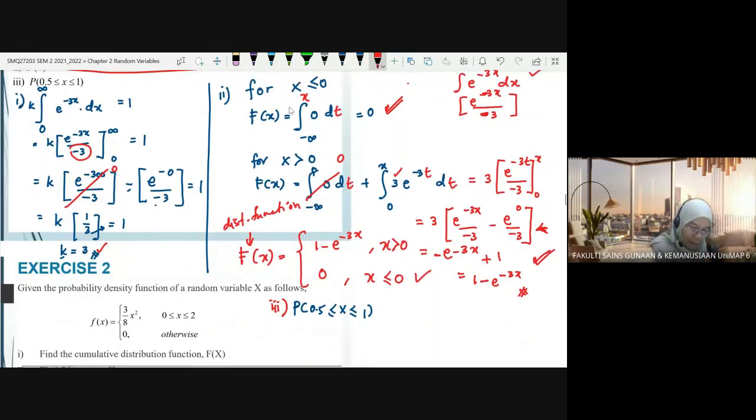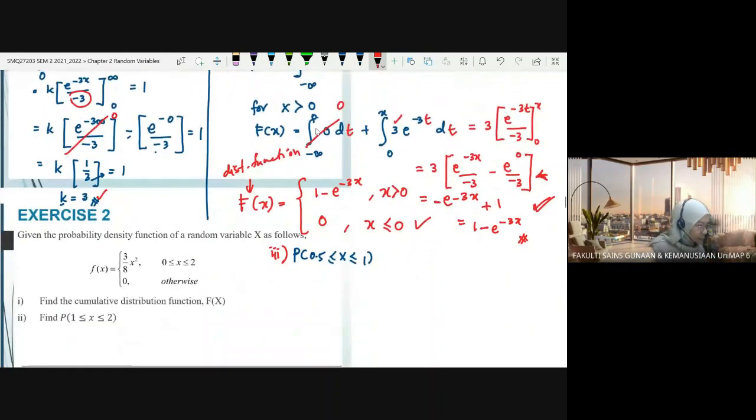Okay, now we can start answering the question of finding the probability value. For this one, it's almost similar to what we have in discrete random variable. So we can find the probability value by using the cumulative. So this one is the cumulative one. Begin with the larger value.